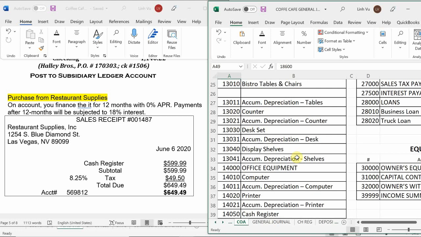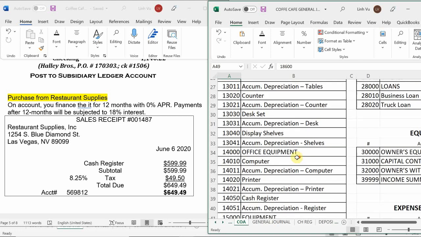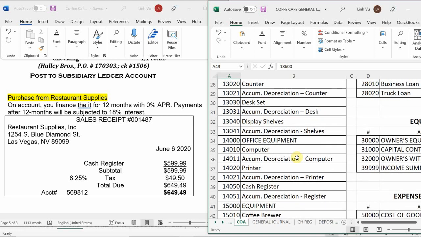Equipment, office equipment, I think. Office equipment under what sub account? Cash register here.